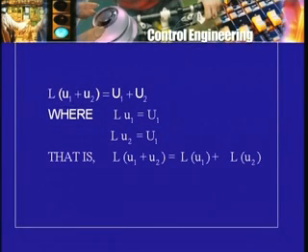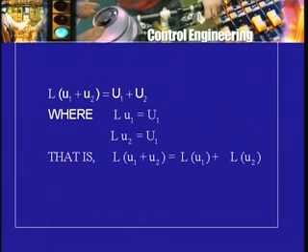For such complex numbers s, what is L of u1 plus u2? One reads it as: the Laplace transform of the sum of two functions is the sum of their Laplace transforms. Or if I write it more explicitly, L of u1 plus u2 equals L of u1 plus L of u2.